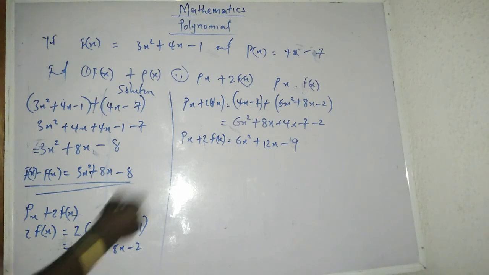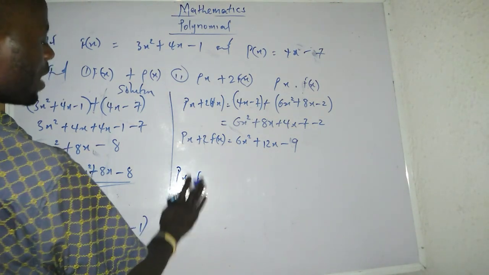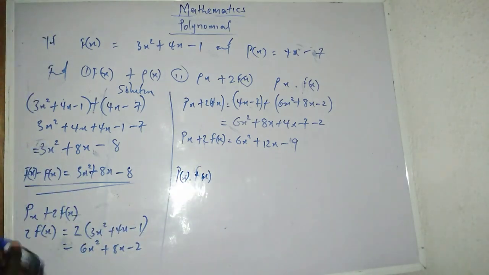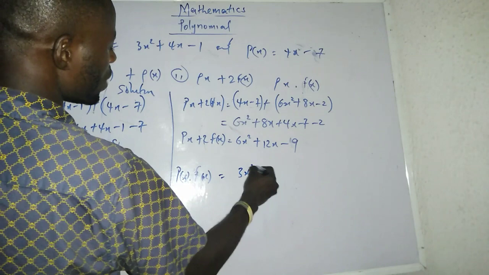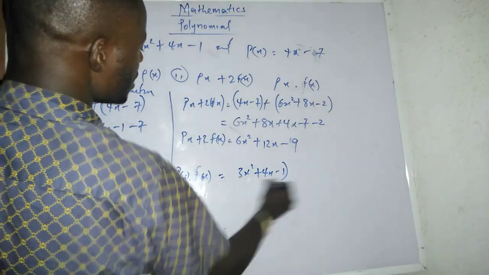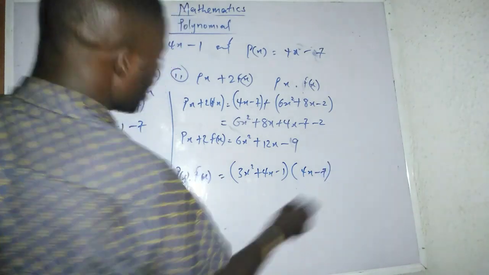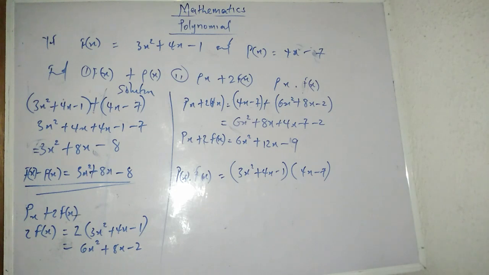If I should move on to my p of x times f of x, the same way, at this point I want to just open the bracket, which I will have 3x squared plus 4x minus 1 bracket of 4x minus 7. Now, please don't just multiply. You will establish a bracket.